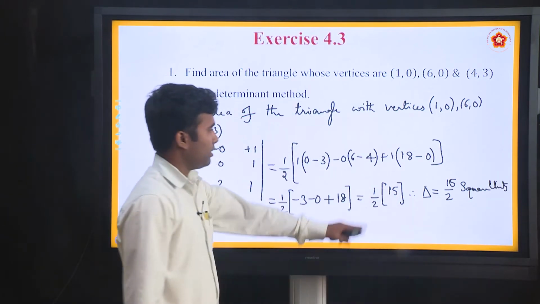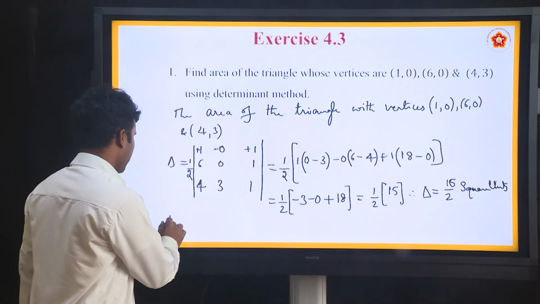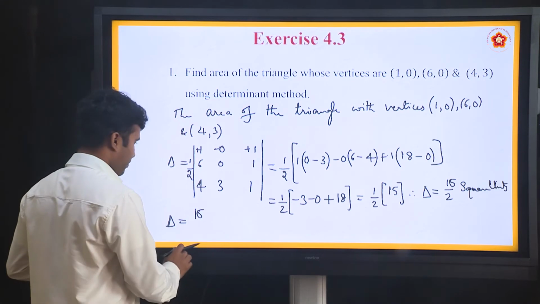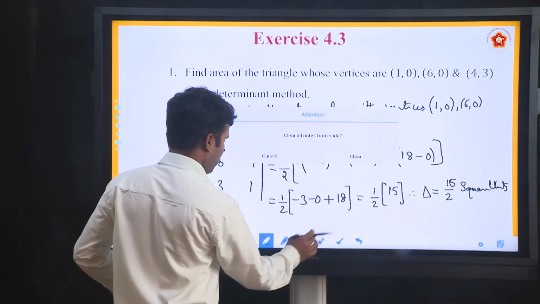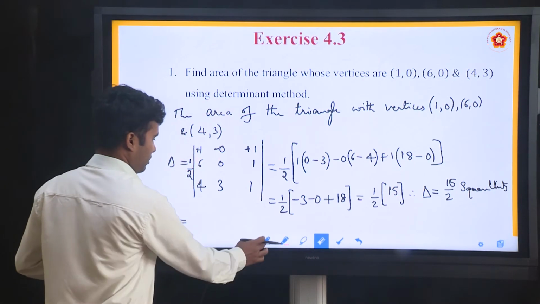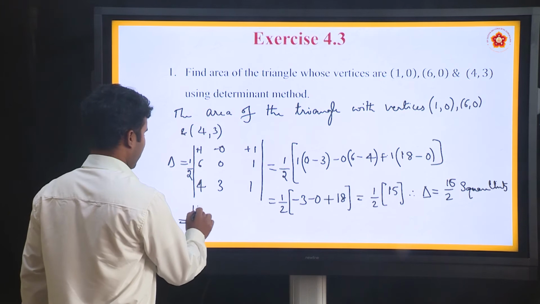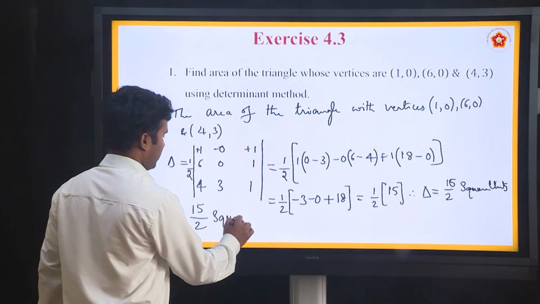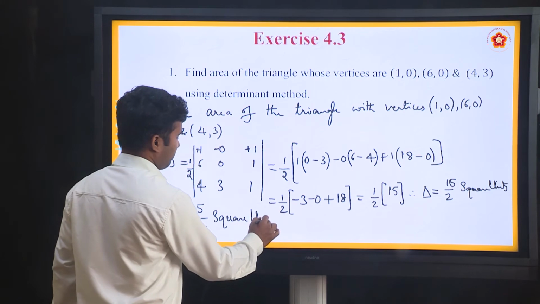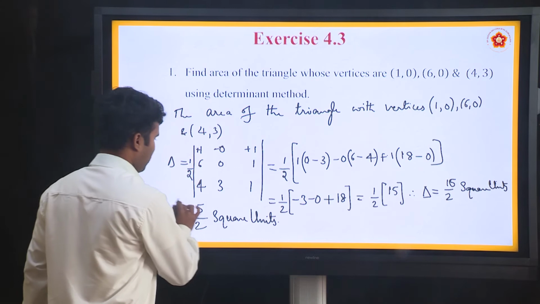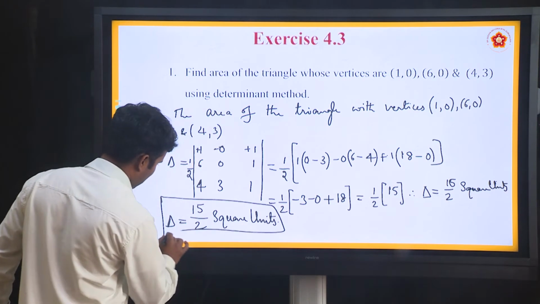So, this is the answer. The area of the triangle for the given vertices is 15 by 2 square units. Okay. So, this is the answer for the given problem.